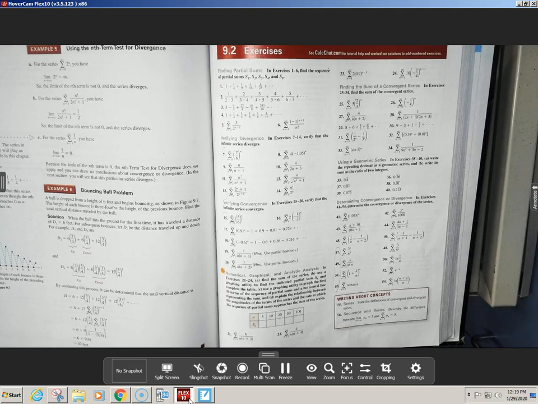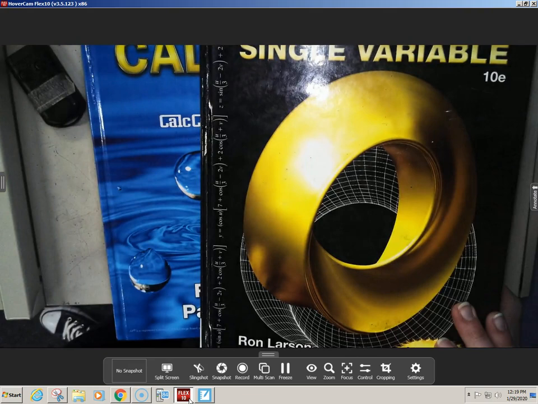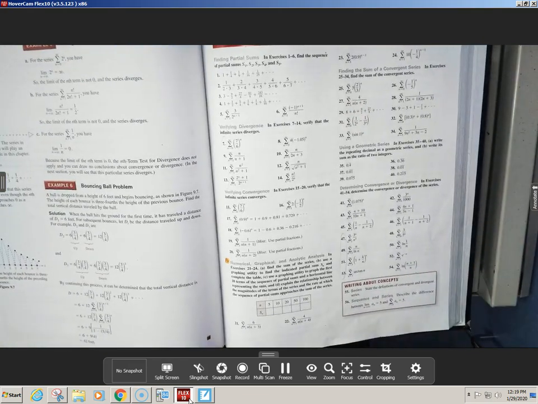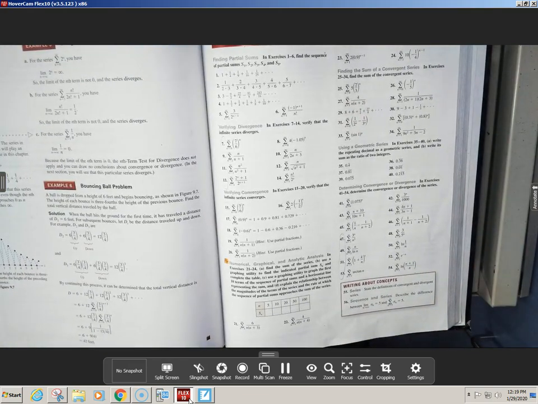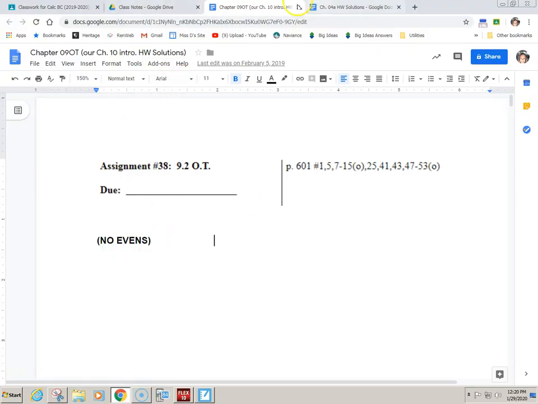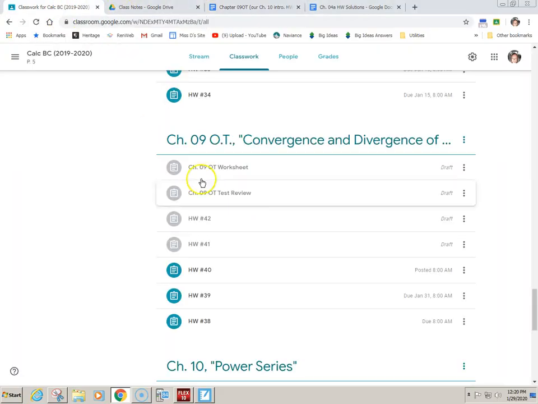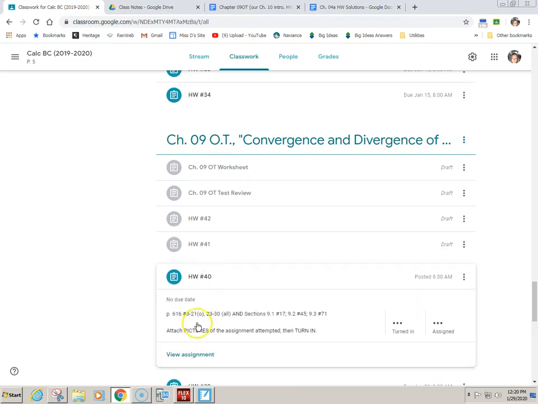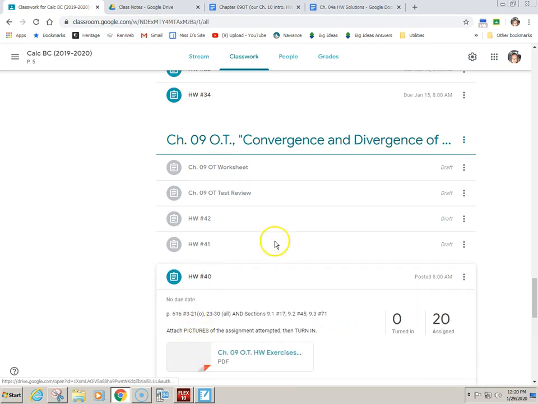No. Unless you came in here and borrowed my nifty book, which is right here. But you could have gone on CalcChat and found the black one and then been able to check your answers in the back of the book. Right? Did I put answers in the back of the book in your homeworks? I think I did for homework 40?